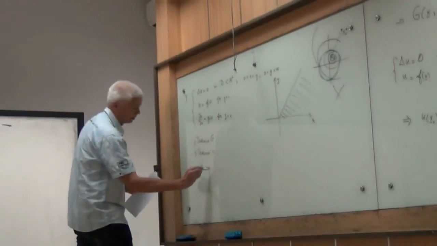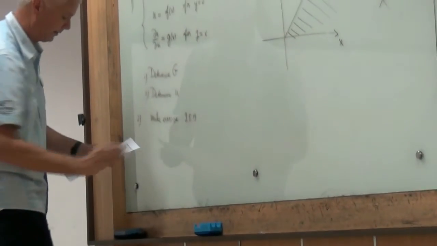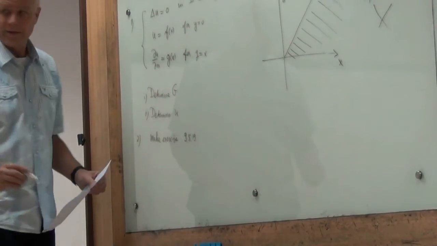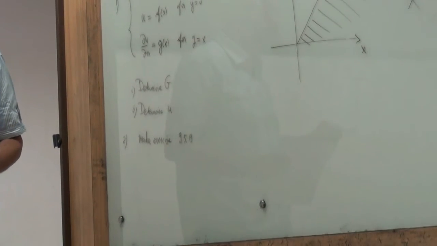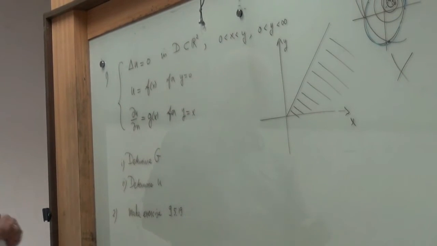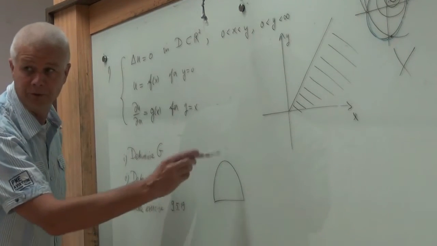The second exercise is out of the book: exercise 9.5.19. And there you have a domain which is half a circle.